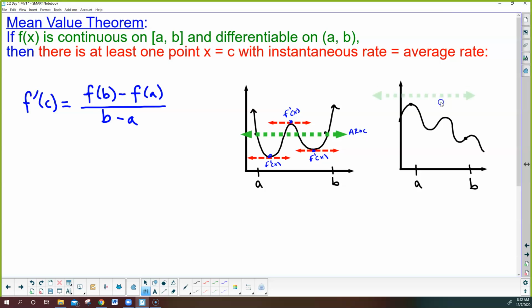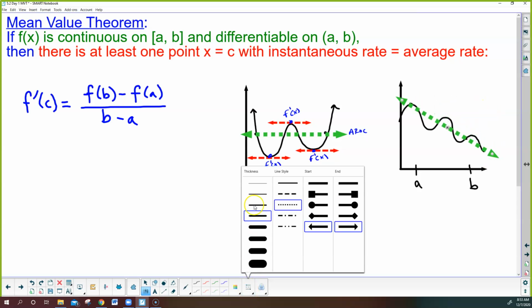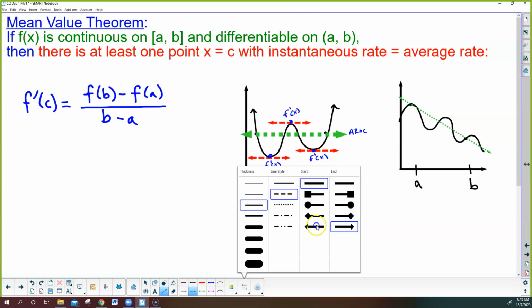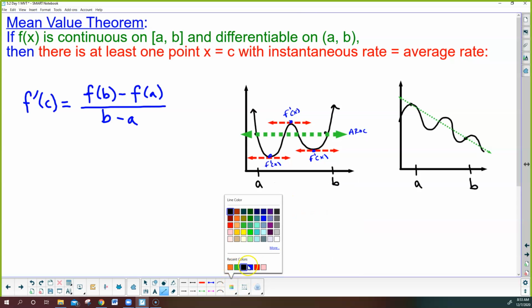All right, so let's look at just another quick graph here. I do this one, and I go between the 2 points, so I'm just matching up the outputs from A to B, and we want to see, okay, how many tangent lines are there that are parallel to this average rate of change.